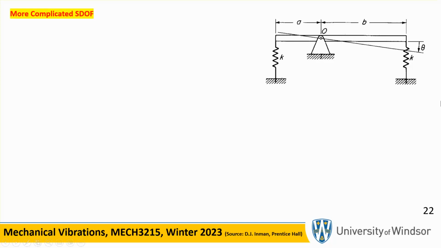Now, I'm going to do this two ways. One of them is assuming that what you see there is the equilibrium position. In other words, you look at this beam, it's sitting like that without any oscillation. You let the beam go and it looks horizontal and there are springs here.